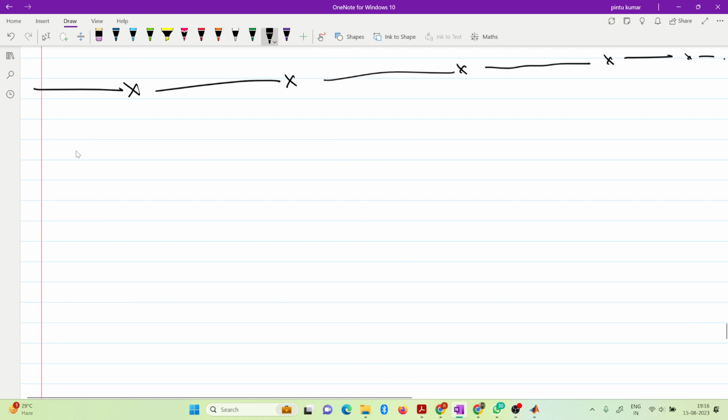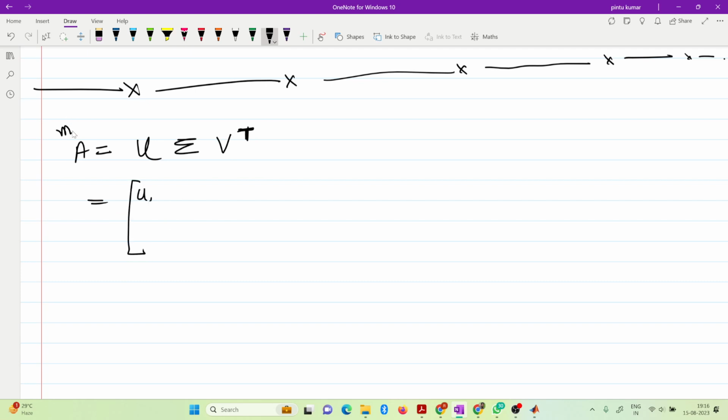So let's say you have a matrix A, which you have written as singular value decomposition in this form. Now I'll just split it up. So this is U1. My A is M cross N, so you will get M eigenvectors over here to make U. So this would be UM.